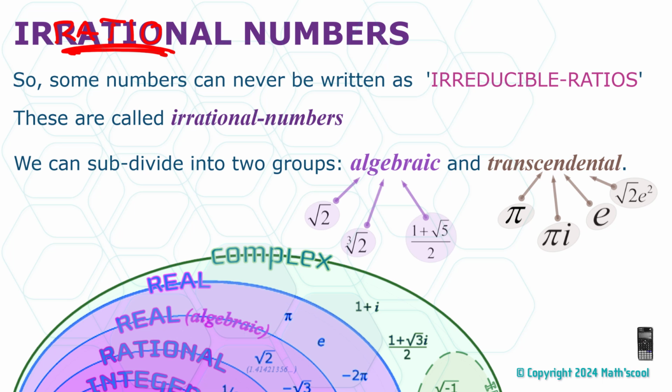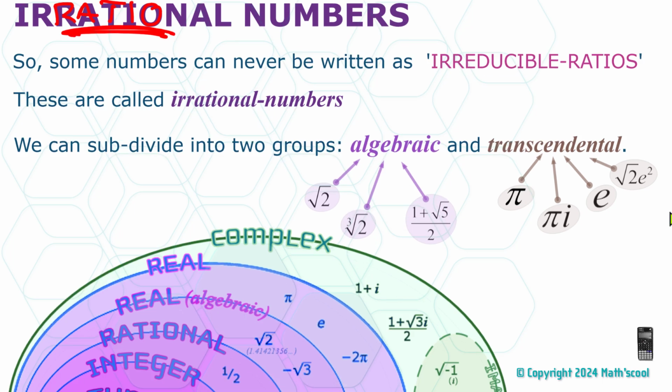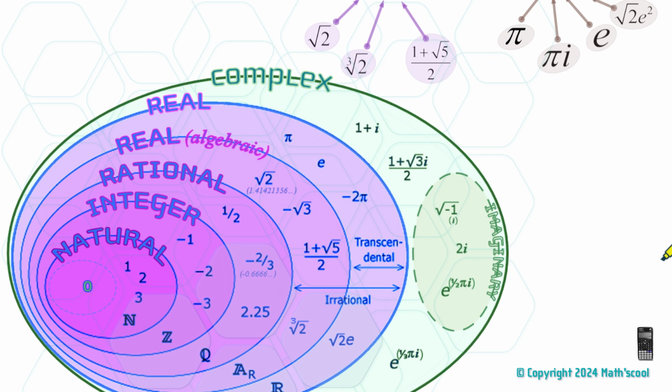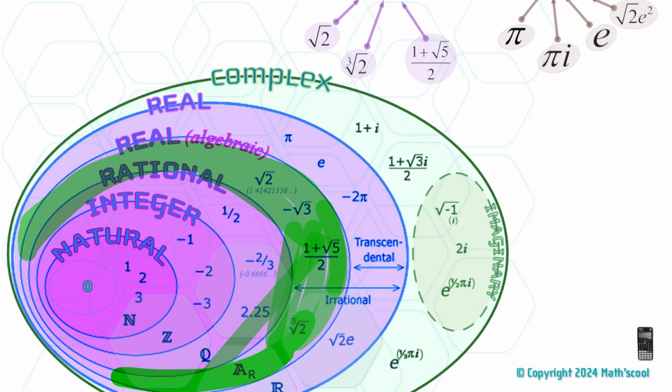Now the irrational numbers, we're going to actually divide into two groups. So this group here, they're not rational numbers. They're real numbers, but they're not rational numbers. I didn't want to include the 2.25, but it accidentally got thrown into there.